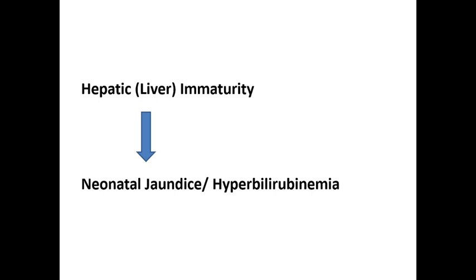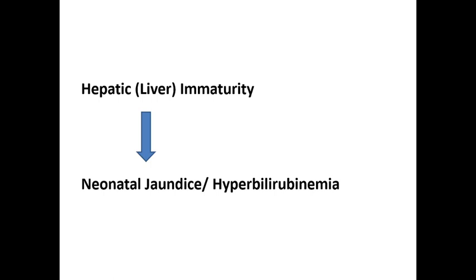So when these red blood cells break down, they form bilirubin. So this bilirubin is further metabolized in the liver. So in a preterm baby, since their liver is immature, this bilirubin is not properly metabolized by the liver. So this results in an increased amount of bilirubin in blood.